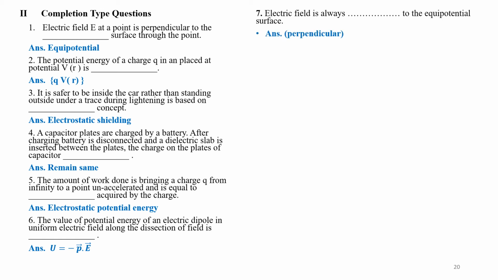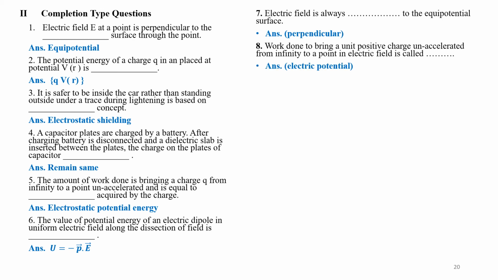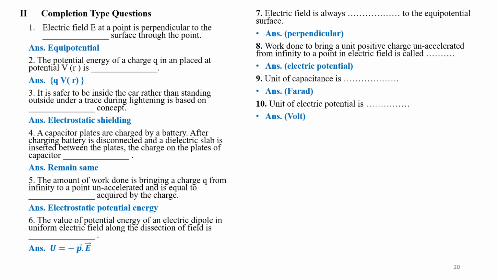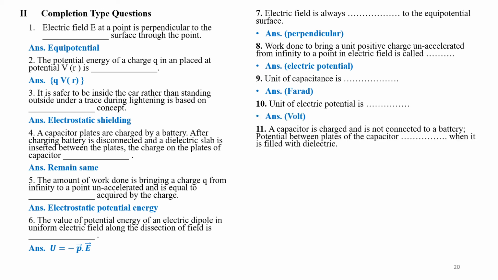Question number 8. Work done to bring a unit positive charge from infinity to a point in electric field is called electric potential. Question number 9. Unit of capacitance is farad. Unit of electric potential is volt.